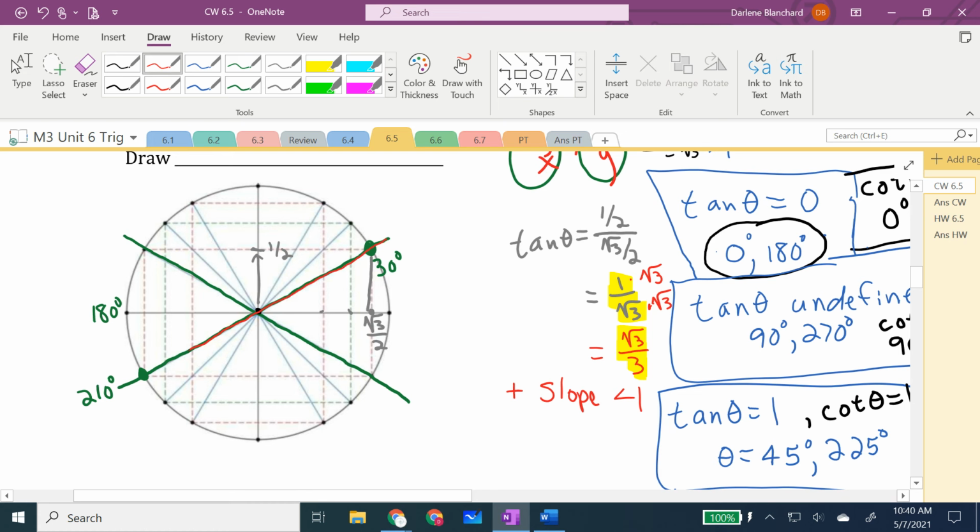this is the only line that you can draw in the unit circle that goes through the origin that has a slope less than 1 that is positive. The tangent of the one that is less steep has a slope less than 1, and it is equal to 1 divided by √3.